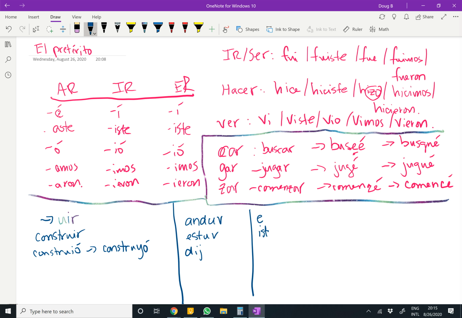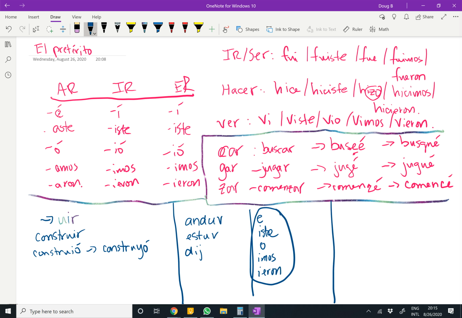Anduviste, anduvo, anduvimos, anduvieron. It doesn't matter if they're AR, IR, or ER verbs, they all have the exact same endings because they have such a radical change in their roots. And none of these endings have accents. That may be one way you can remember them.